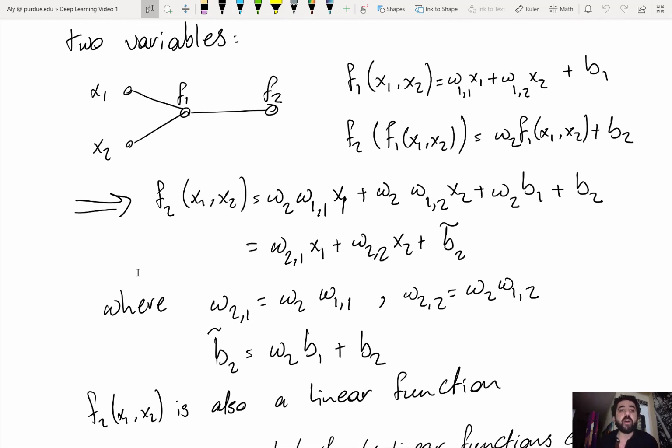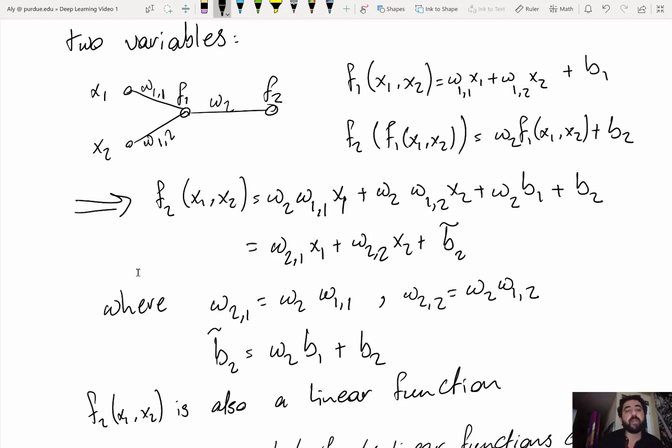Here in f1, I will denote w11 the weight on the link between x1 and f1, and w12 the weight on the link between x2 and f1, and w2 the link between f1 and f2.